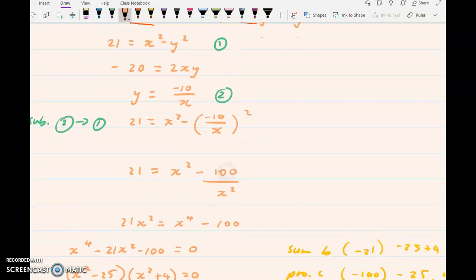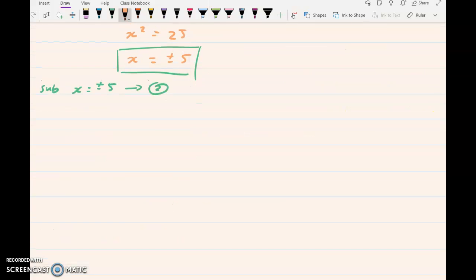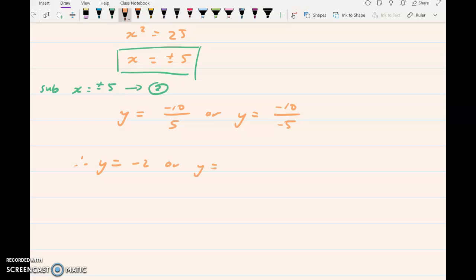Equation 2 was y equals minus 10 on x. So I'm going to have y equals minus 10 on 5, or y equals minus 10 on negative 5, and therefore y equals negative 2, or y equals 2.